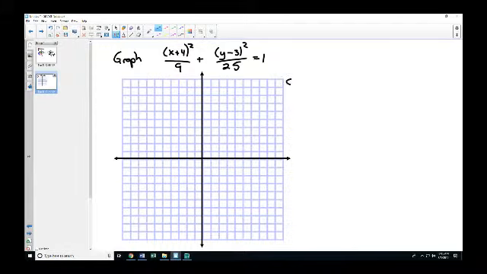3. Okay. Now A, B, and C are where? A is not 3. A is 9.